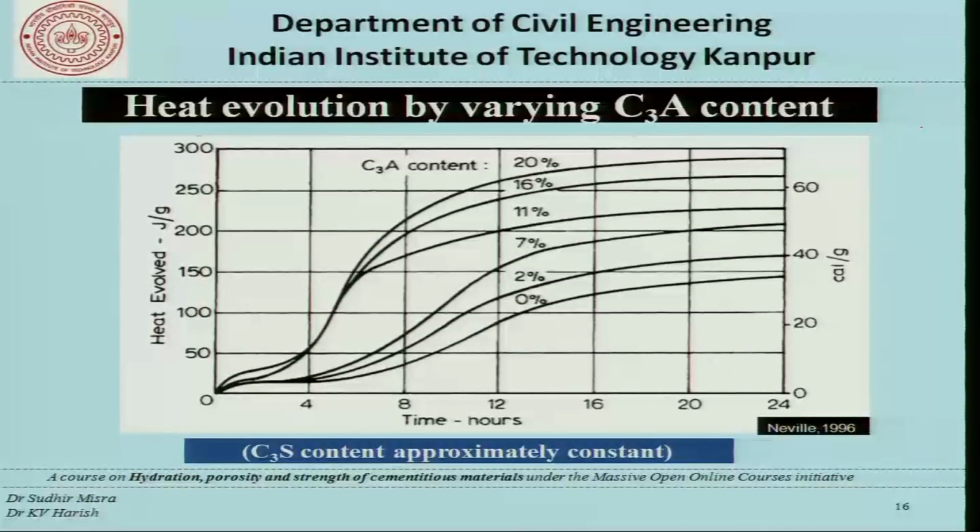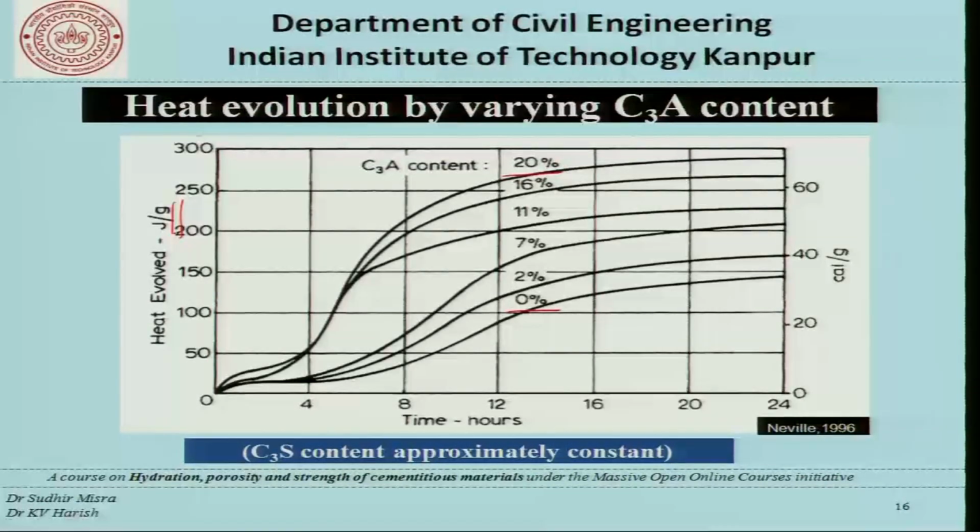This slide shows the heat evolution where the C3A content of the cement has been changed. So we can see that if the C3A content changes from 0 to 20%, the heat evolved changes dramatically.